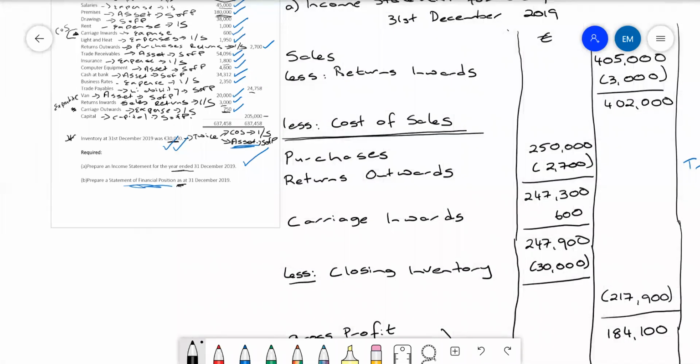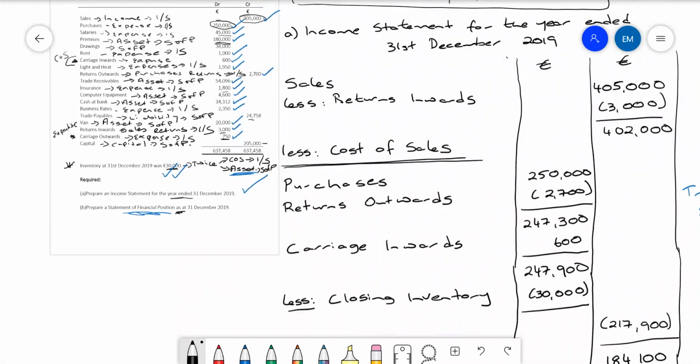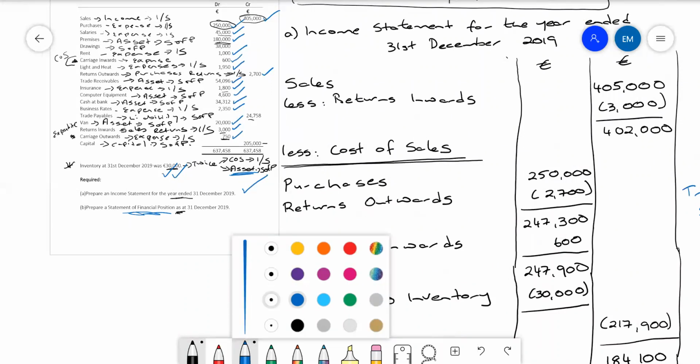So we look through the trial balance and identify any credit balances that we haven't yet dealt with that might be a liability, and it might be a current liability or a non-current liability. So an example of a non-current liability would be a 5 or a 10-year bank loan, meaning that we'd have to repay the bank in a period of greater than 1 year. But a current liability is anything that we expect that we are going to have to repay within a period of 1 year. And the only balance that we have here is trade payables.